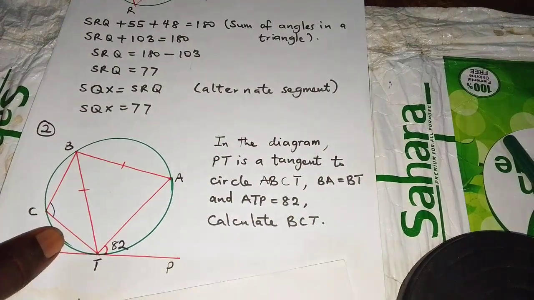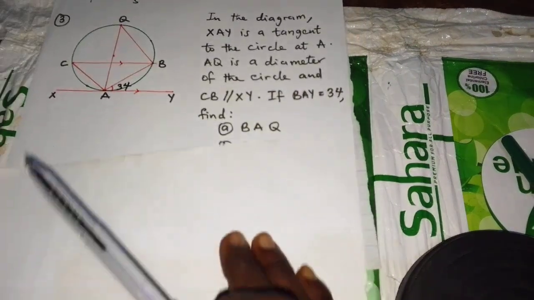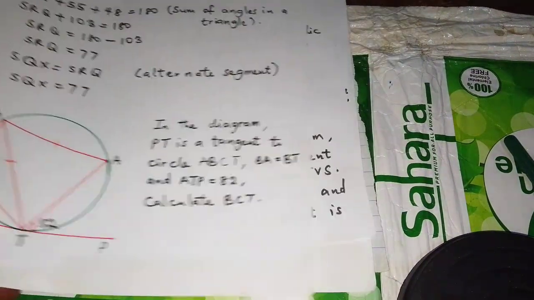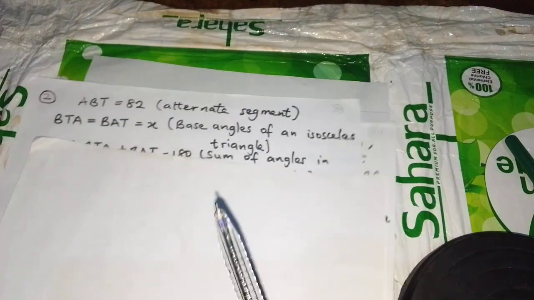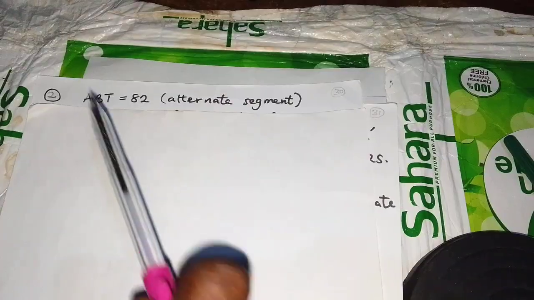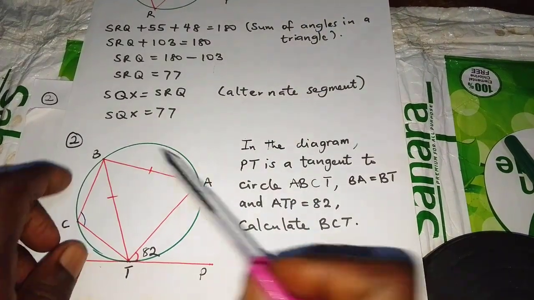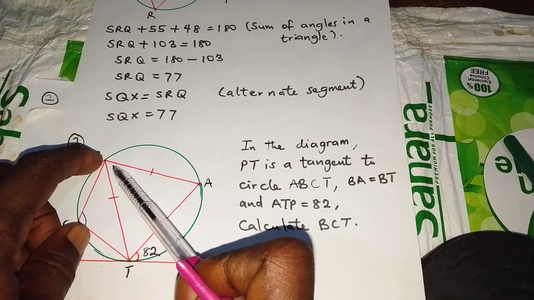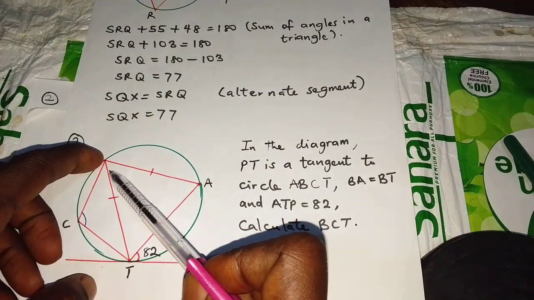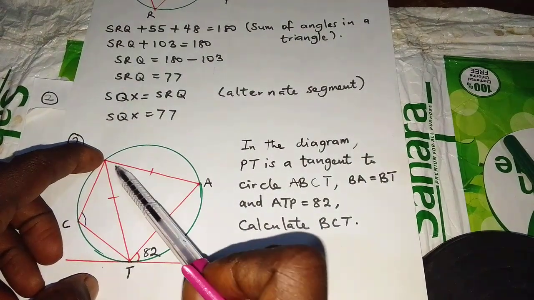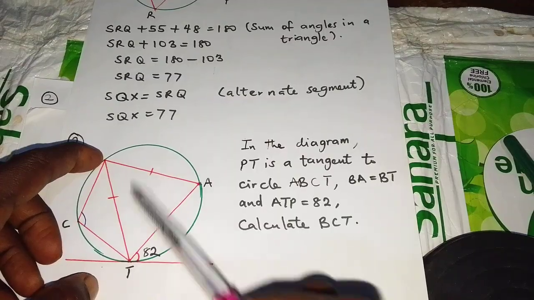They are alternate segments. So let's try to solve it. That means our angle ABT is 82 degrees because they are alternate segments. This is ABT, you are talking of this angle here. So this angle and this angle are going to be equal because they are alternate segments.